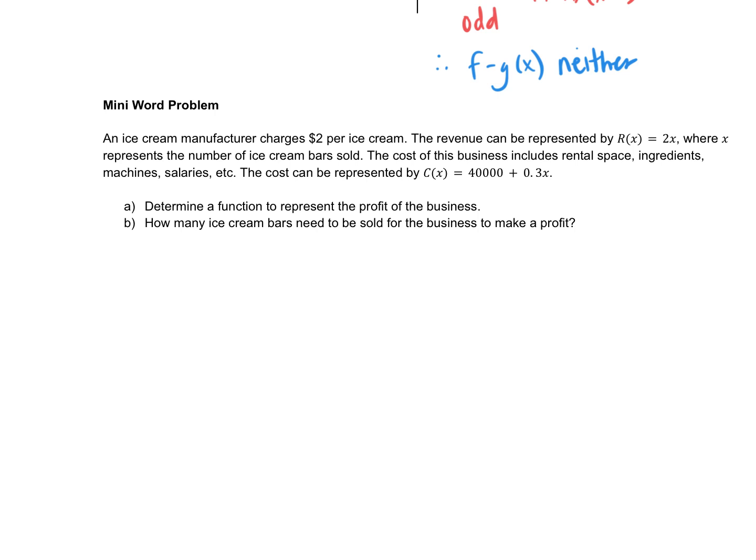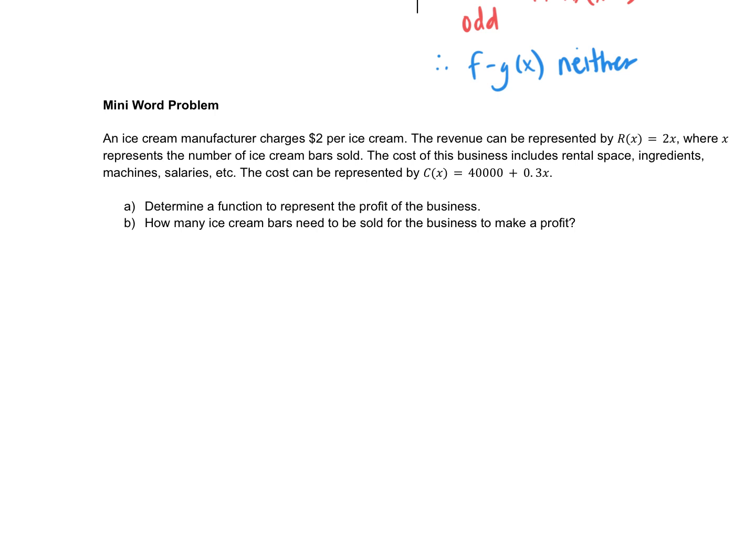Anytime someone buys an ice cream, they get $2, so 2 times x, where x is the number of ice cream bars being sold. The cost of this business includes rental space, ingredients, machines, salaries, etc. The cost can be represented by c of x equals 40,000 plus 0.3x. Determine a function to represent the profit of the business.